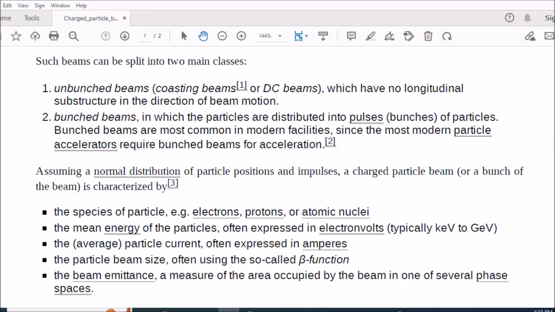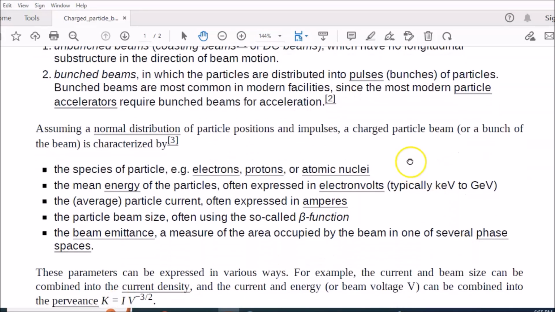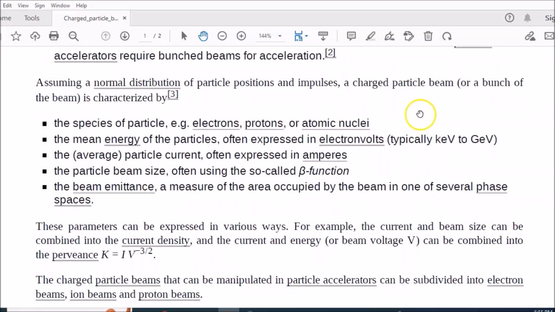Assuming a normal distribution of particle positions and impulses, a charged particle beam or a bunch of the beam is characterized by, now we're getting into some very important topics. So a charged particle beam or a bunch of the beam is characterized by the species of particle, e.g. electrons, protons, or atomic nuclei.